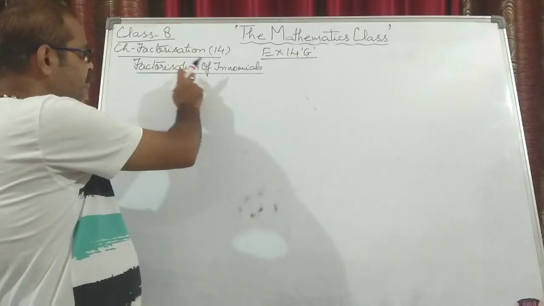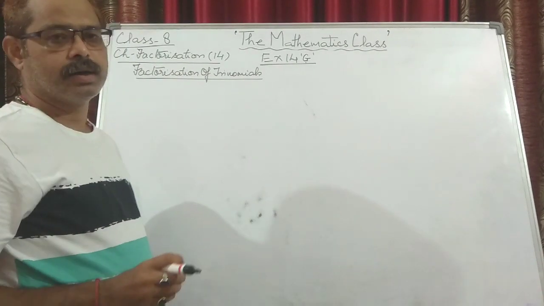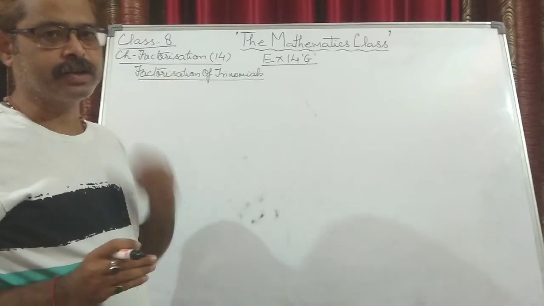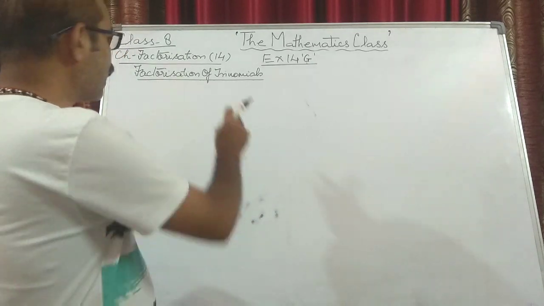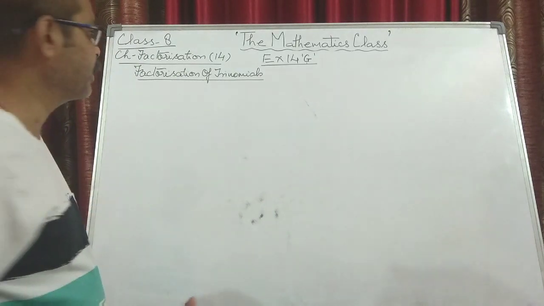Now factorization of trinomials. I hope we all know that a polynomial having three terms is a trinomial. Now how to factorize? I'll write the general equation.